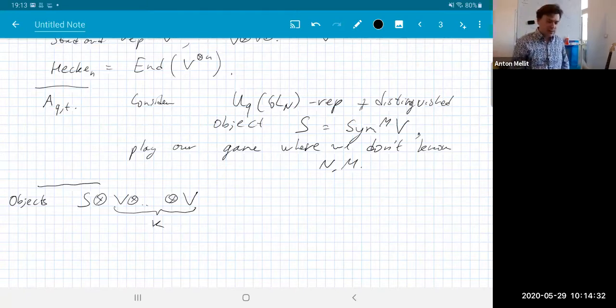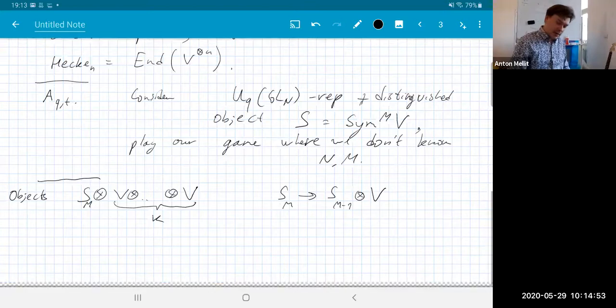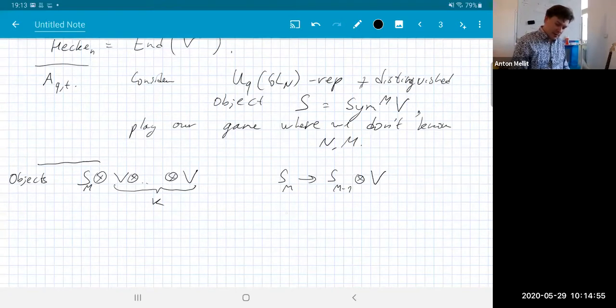Now we have a way to change k, because there is this S_m, which you don't know, but there are morphisms from S_m to S_{m-1} tensor V, and vice versa.